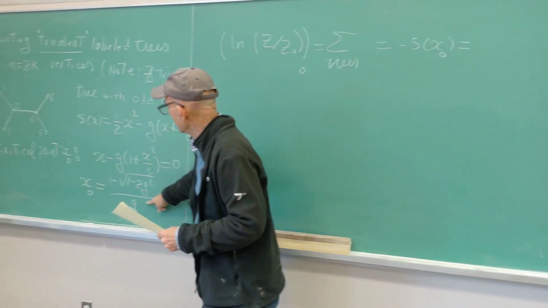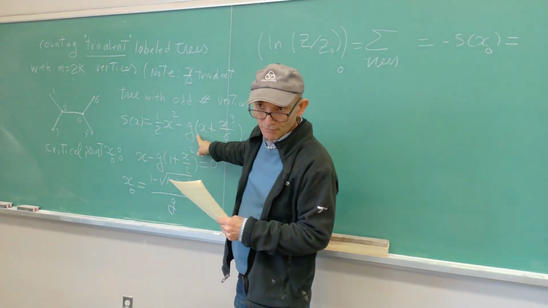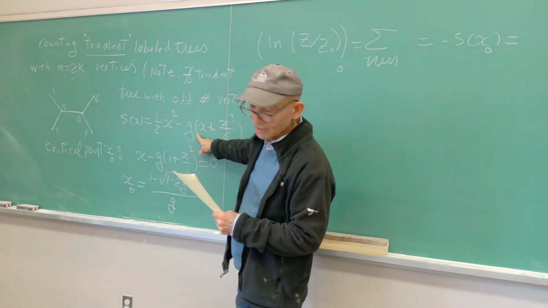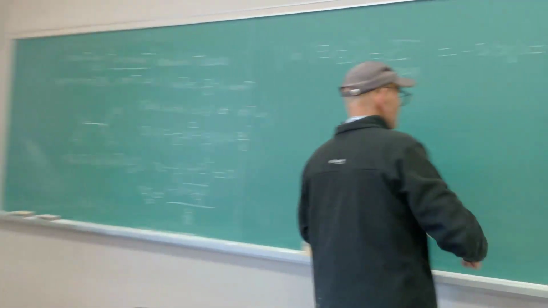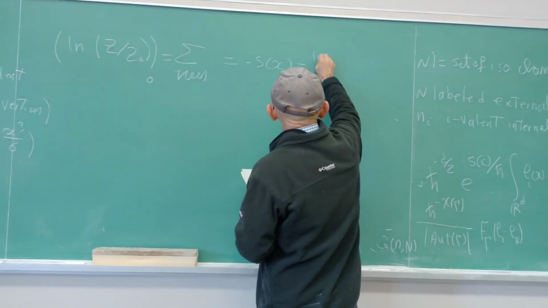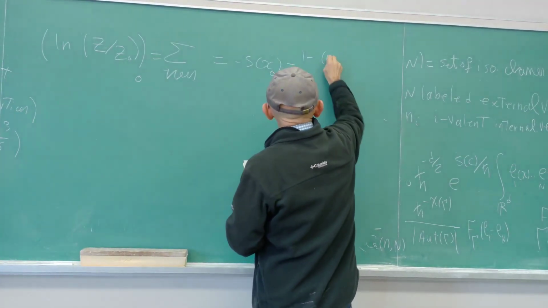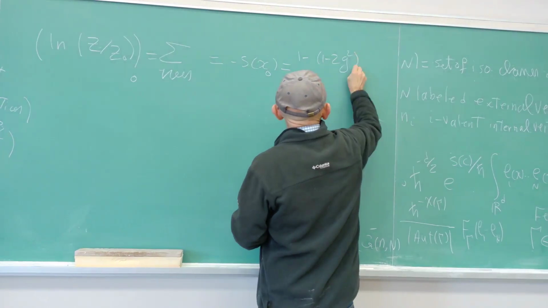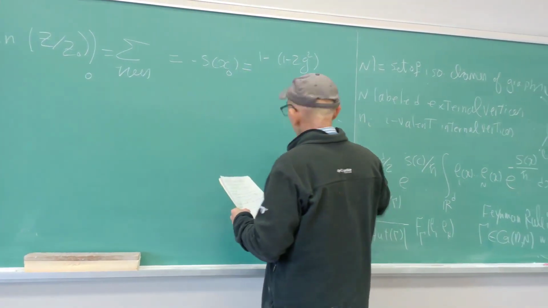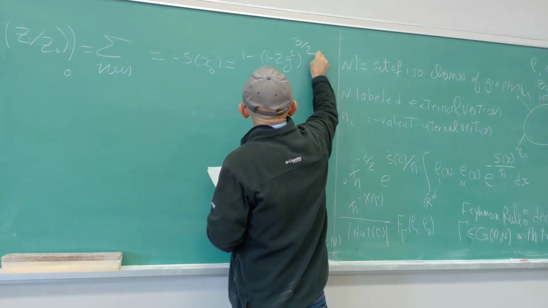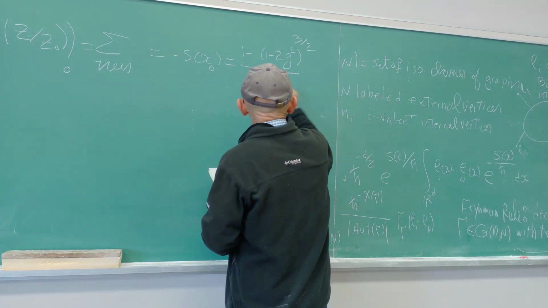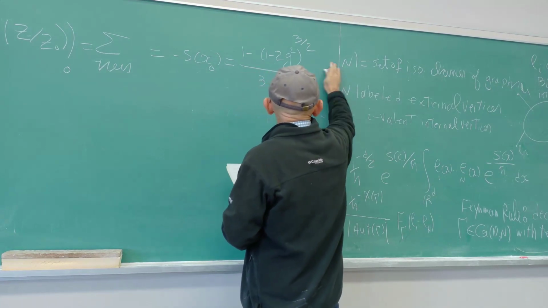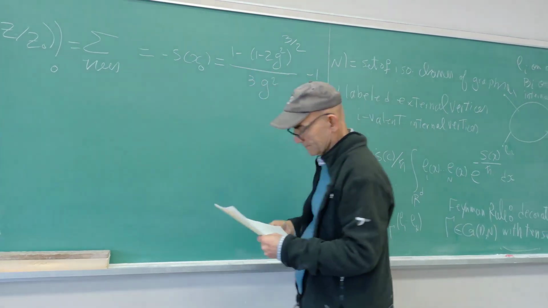So we have to take this and substitute it into this equation of x to find the value of the action at the critical point. So this is equal to 1 minus 2g squared, to the power 3 over 2, over 3g squared, minus 1. Right?